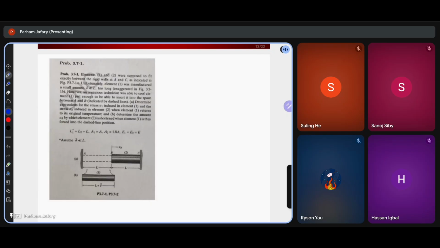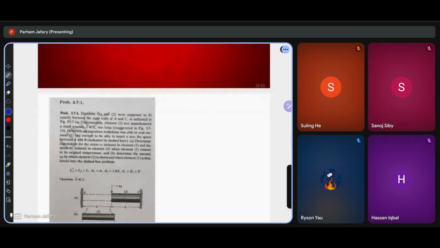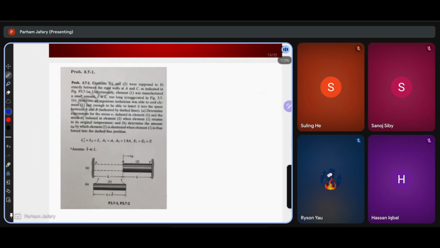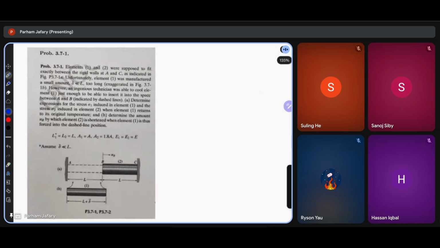We have a statically indeterminate structure. So this would be a good example to come from the third chapter of Mechanics of Material in the final exam. I will give you guys a moment to read it.